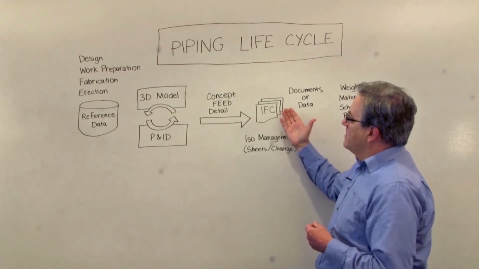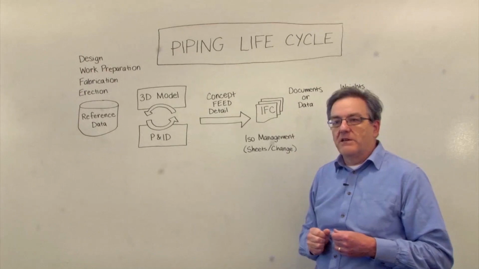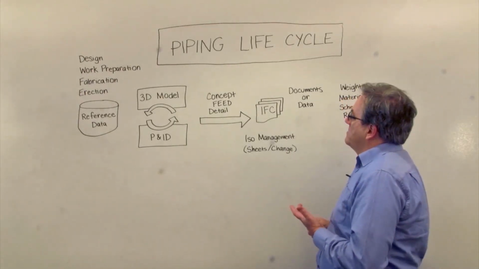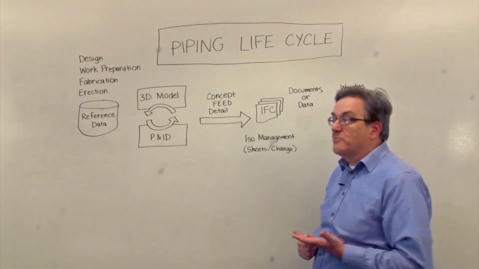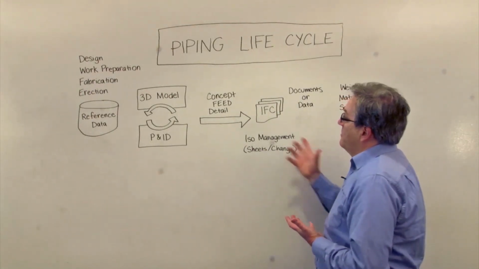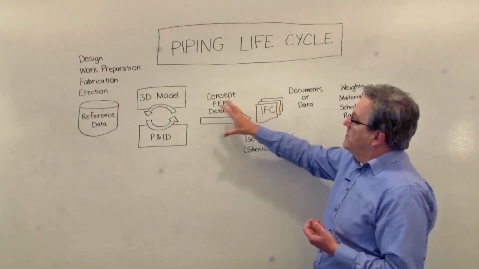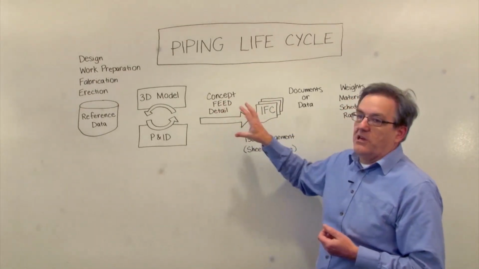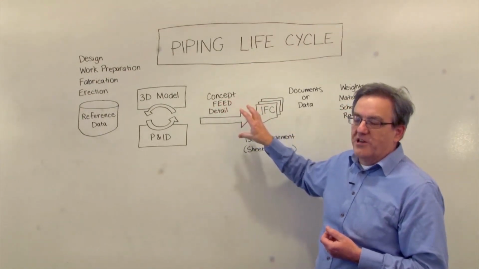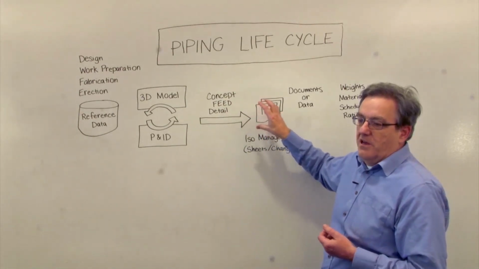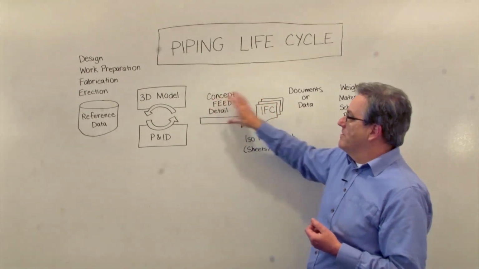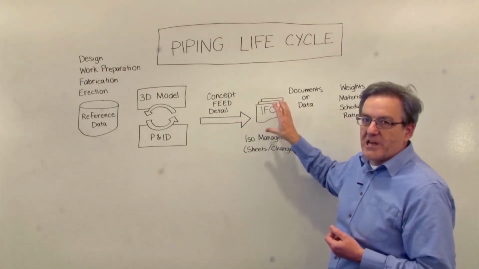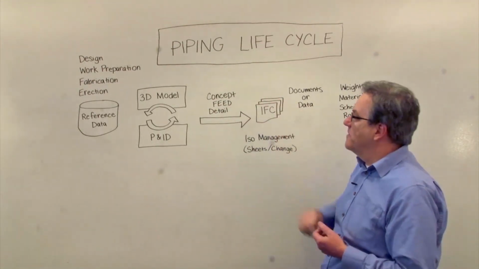And there's actually typically two different ways in which this is handled. One is that the isometric is automatically generated as a single document with multiple sheets. And the other way of doing it is to manage the data in the 3D model so that each piping isometric contains just enough information. So you're actually splitting up the model based on the amount of data you can get in your piping isometric drawing.